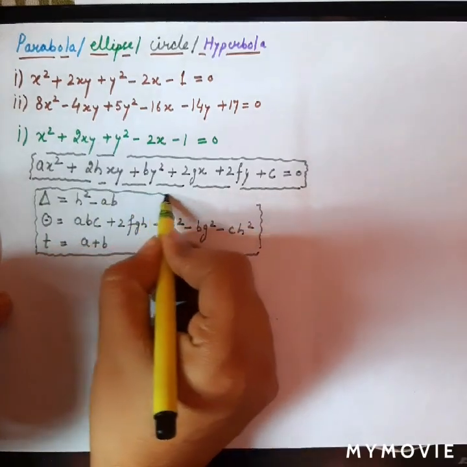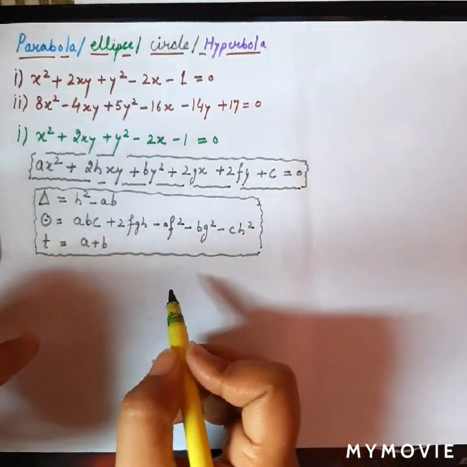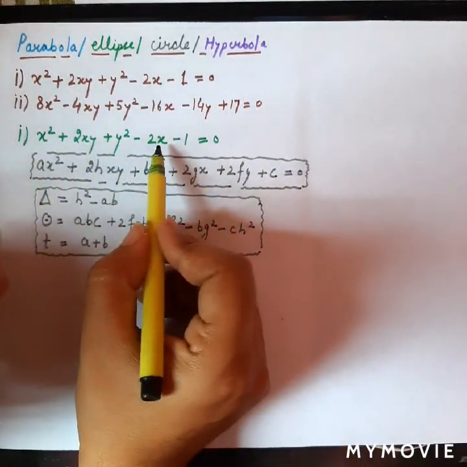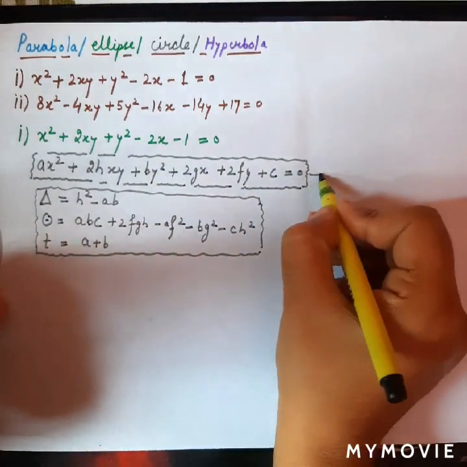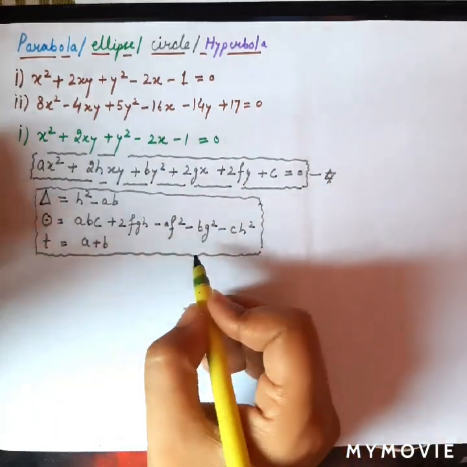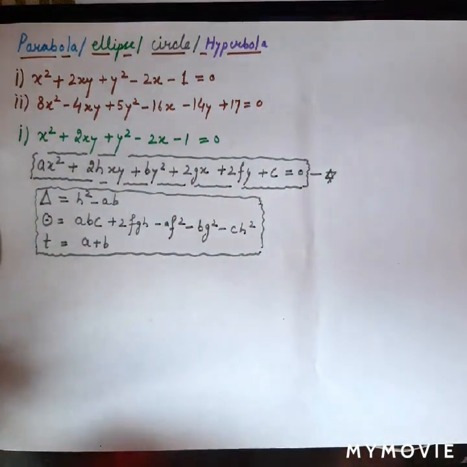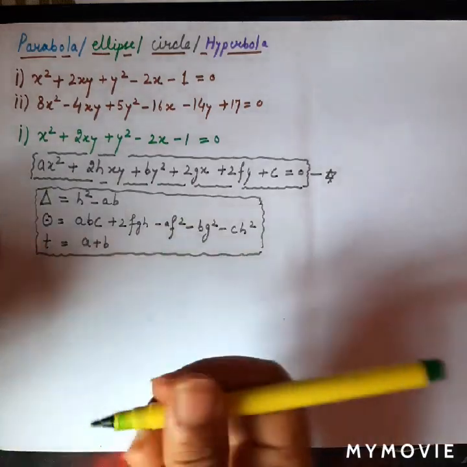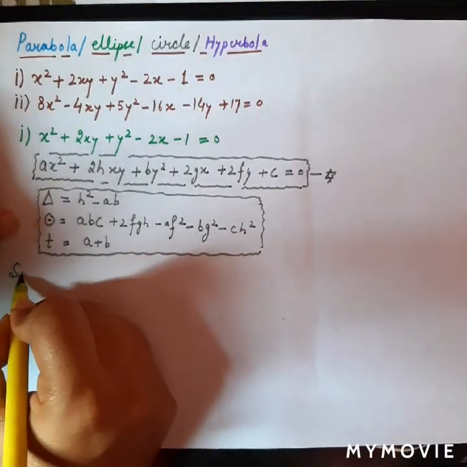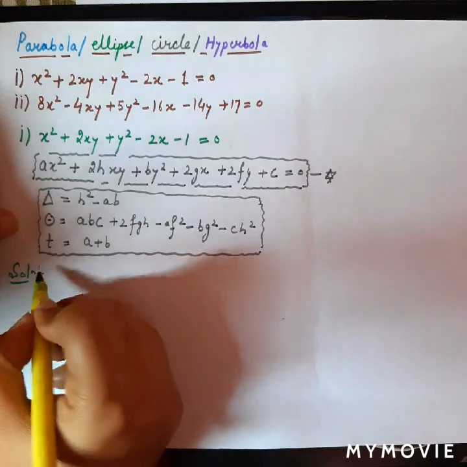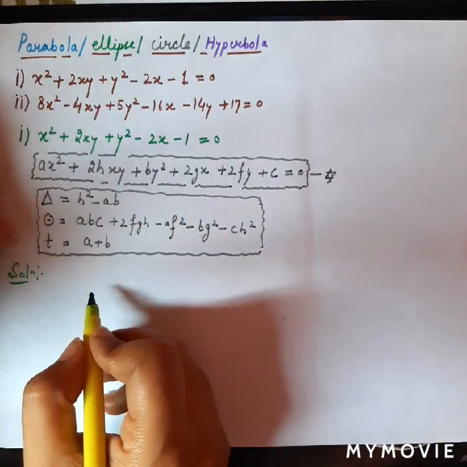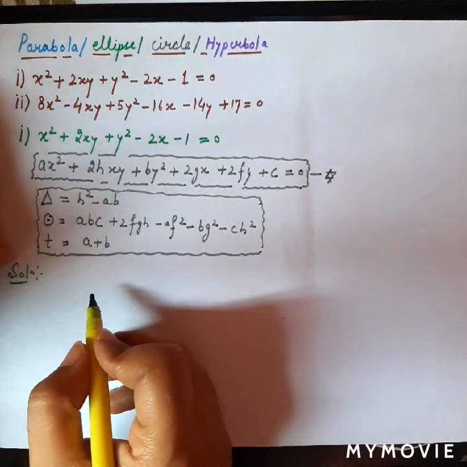So first of all, our first step will always be to compare the given equation with equation star. After comparison, we will find the values of a, b, c, f, g, h.